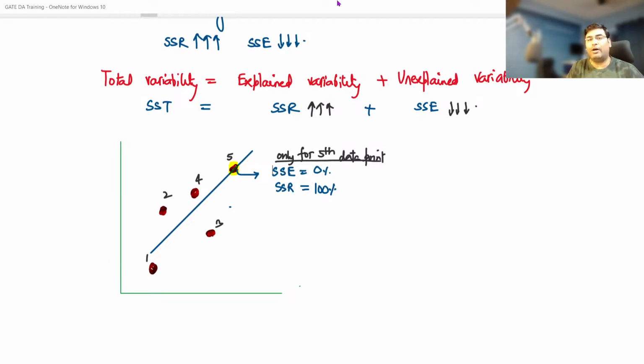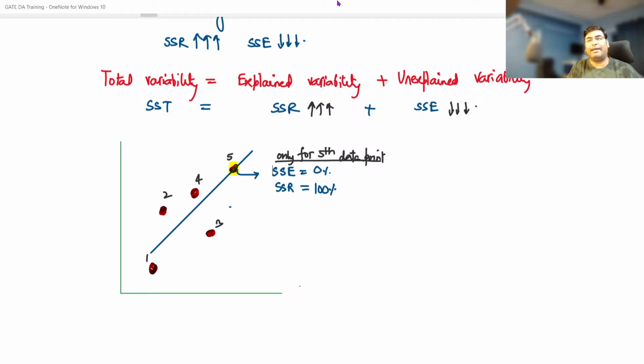So what we really want is to go as close to the data points as possible, which will ascertain two things. Number one is that sum of squares regression will improve, which basically means the goodness of fit for the line is higher. Your model is able to capture more variance in the data, and your SSE will come down because they are inversely related.